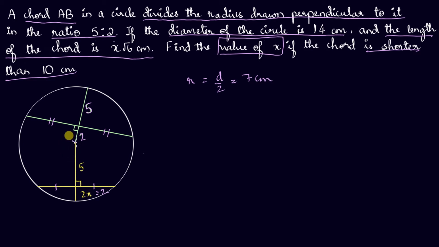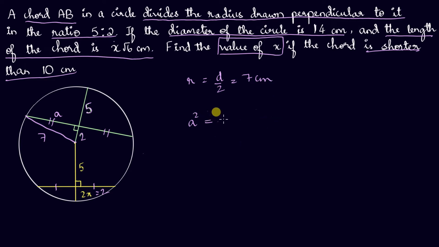So if we start with the bigger chord here, this one is going to be 7. This one is 2. Let's just call it a. Now by Pythagoras theorem, I can write a square plus 2 square is 7 square. 2 square is a simple 4, and 7 square is a simple 49. I'll take this plus 4 over to this side, so this will become 49 minus 4, which is a simple 45.